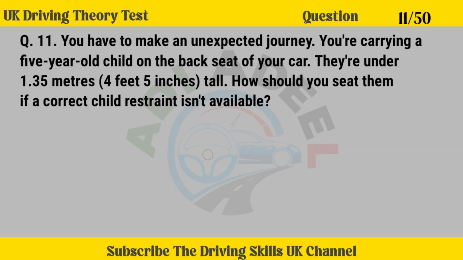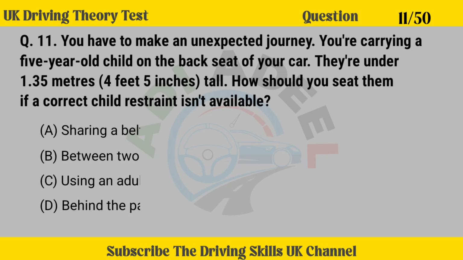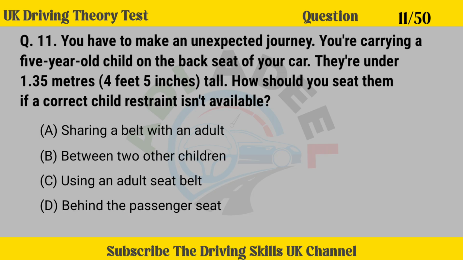Question 11. You have to make an unexpected journey. You're carrying a 5-year-old child on the backseat of your car. They're under 1.35 meters, 4 feet 5 inches tall. How should you seat them if a correct child restraint isn't available? A, sharing a belt with an adult.